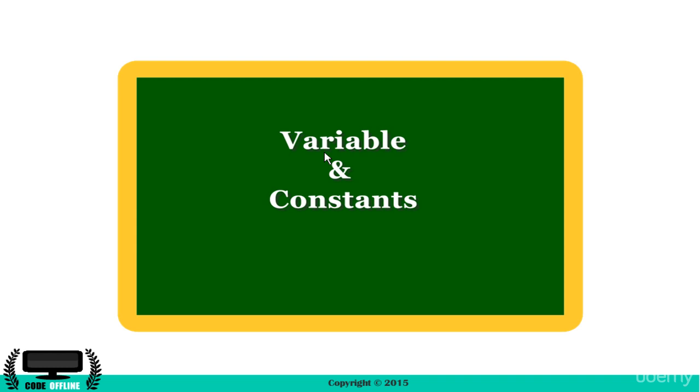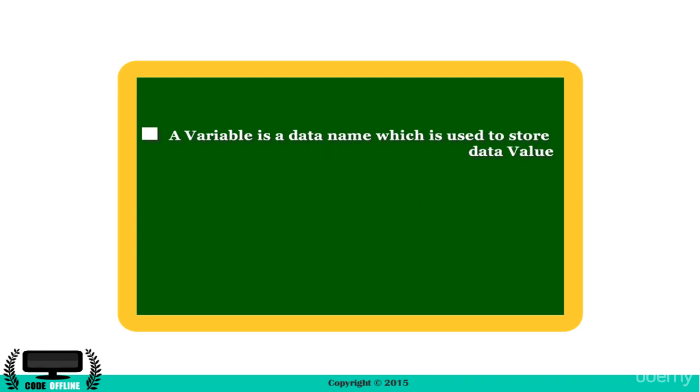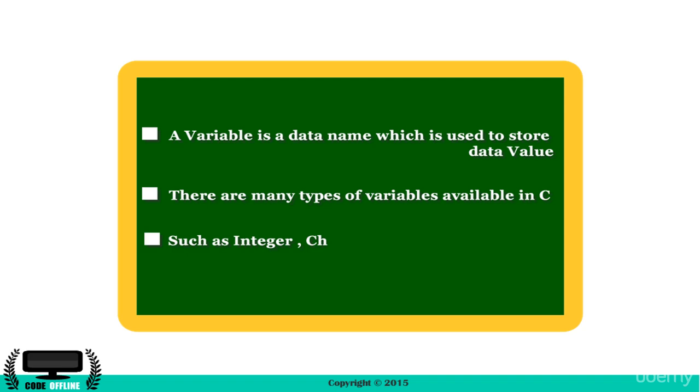So let's summarize what we have learned. A variable is a data name which is used to store the data value. There are many types of variables available in C, such as integer, character, float. In this example we use integer because we want to store an integer value from 0 to 10 or 0 to anywhere.